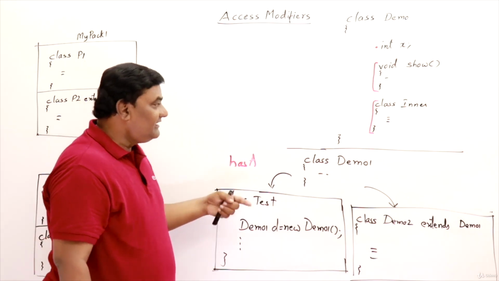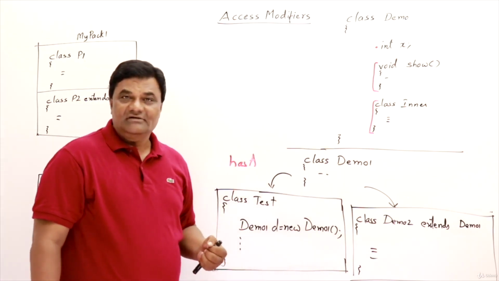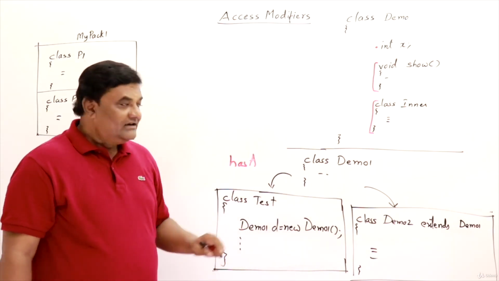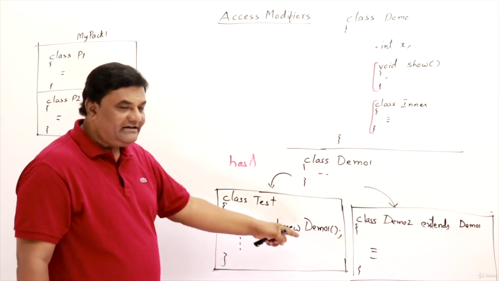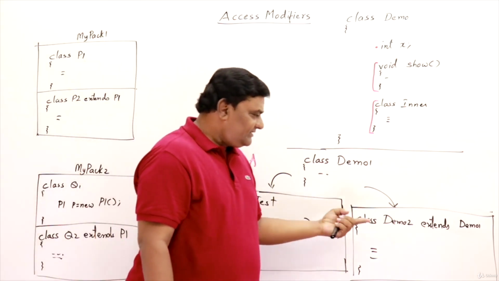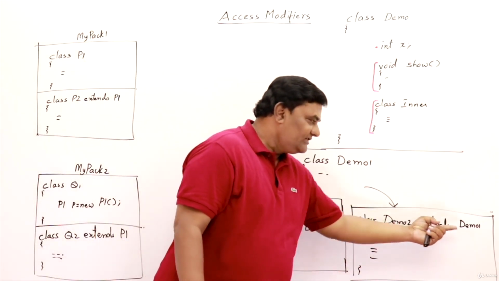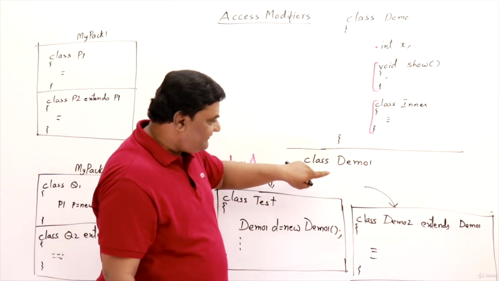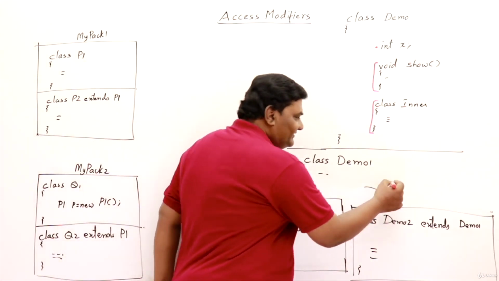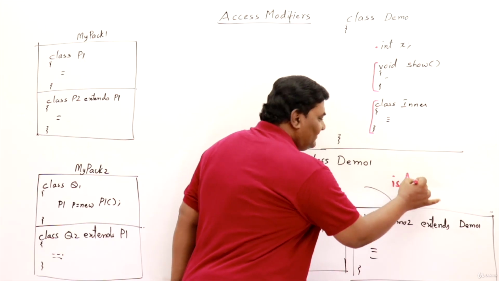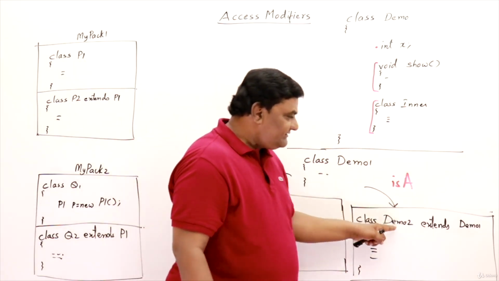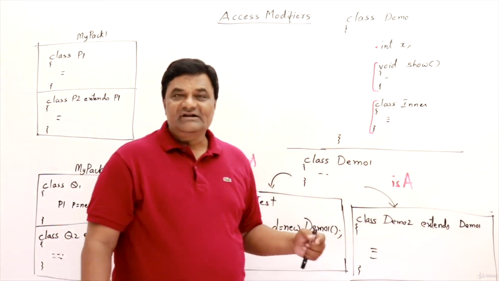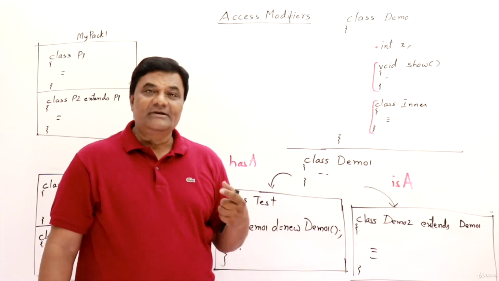Test has a object of demo1. Has a means it's having an object, so it's using that class by creating its object. The second method is another class, demo2, inheriting from this demo1. This method of using the features of this class is called is a. So demo2 is a demo1. Demo2 has an is a relationship with demo1.